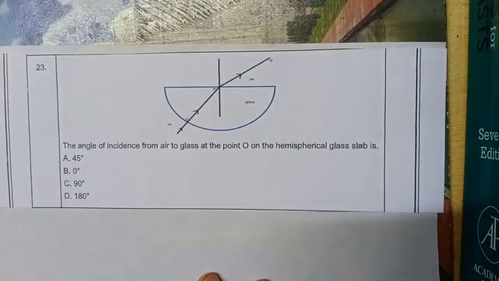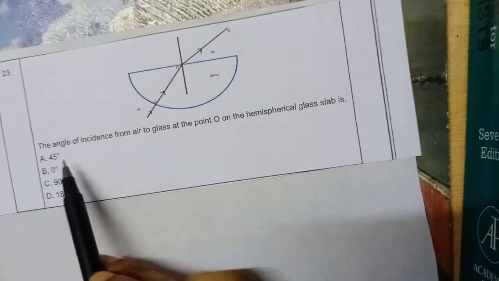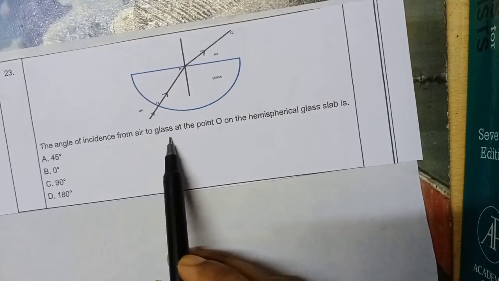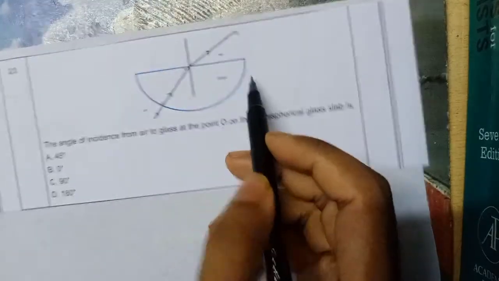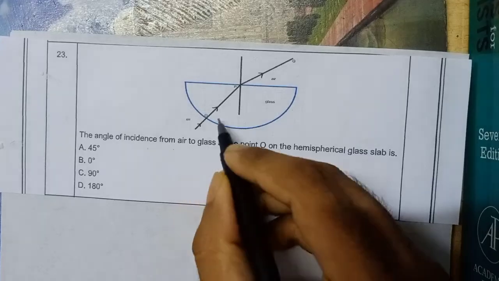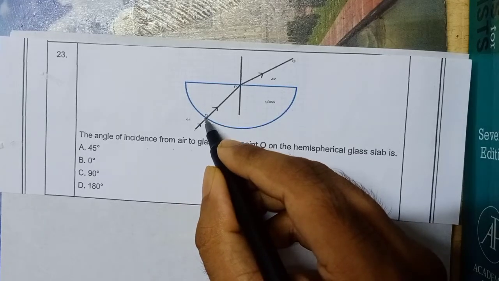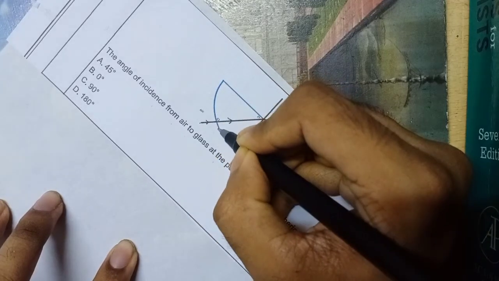Moving on to next question. Here the angle of incidence from glass to air at the point O on a hemispherical glass slab. It is a hemispherical glass slab. So here you can see that it is the angle of incidence. Okay. Now as it is a hemisphere, we can consider this is a circle.